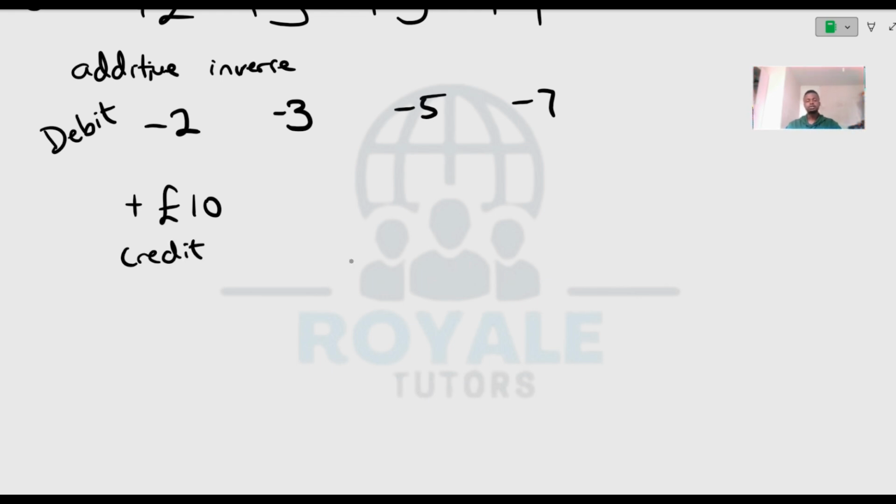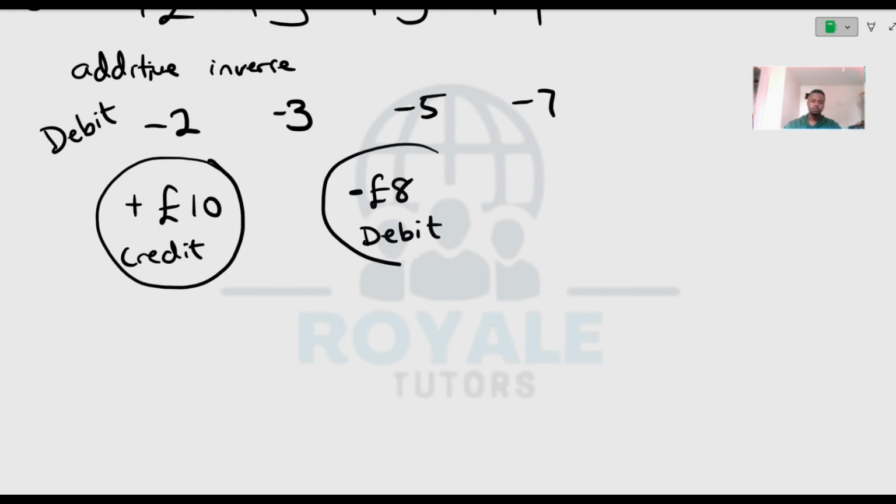However, the child takes £8 out of the £10. This is debit, which means it is negative. So at the end of this transaction, this was given, this was spent, and what we have left is £2. This is the effect of negative on any money.